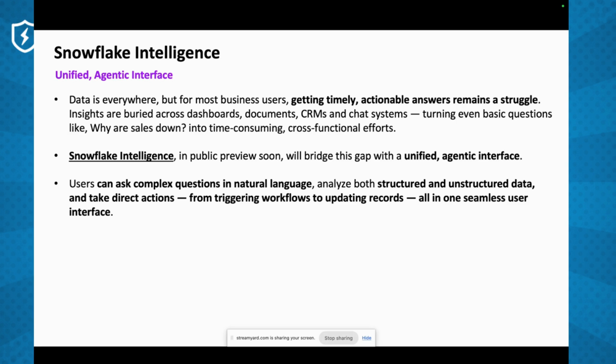That's what it will give our users, which means that our users, clients, or business can ask complex questions in their natural language. Through that, you can analyze both structured and unstructured data and take direct actions, like triggering workflows or updating records.